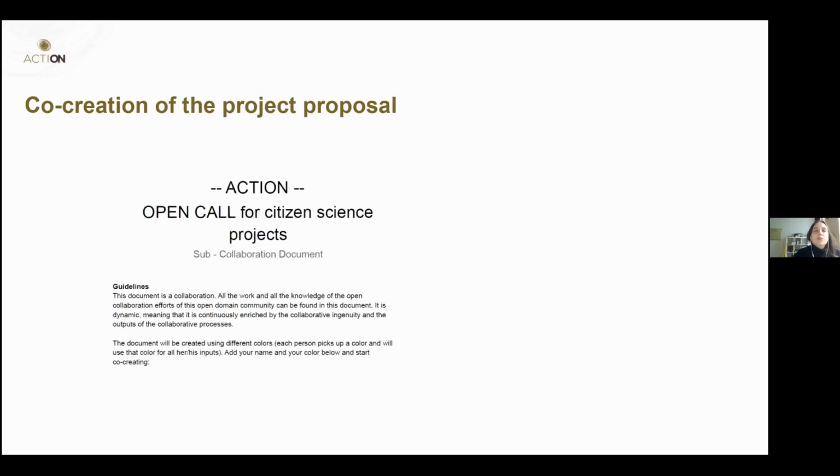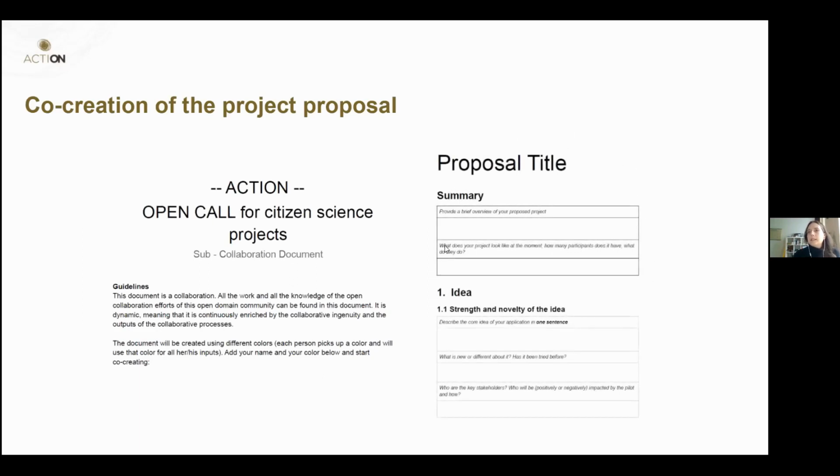The co-creation usually happens in a shared document, which is available online and everybody can access. The driver of the activity sets the framework for co-creation, so gives people guidelines and sets the purpose of the activity, which language we should use, for example, and prepares a template. Here in this case, we used the templates provided by Action for the application.